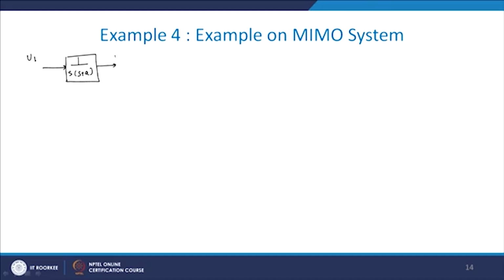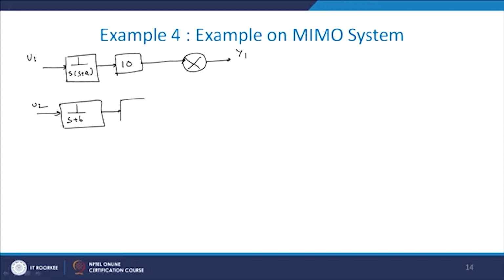Now here I am using 10, then here is a block I am showing, here is y1. Now another input is coming, that is u2, and here the transfer function is s plus b, then here is 2.